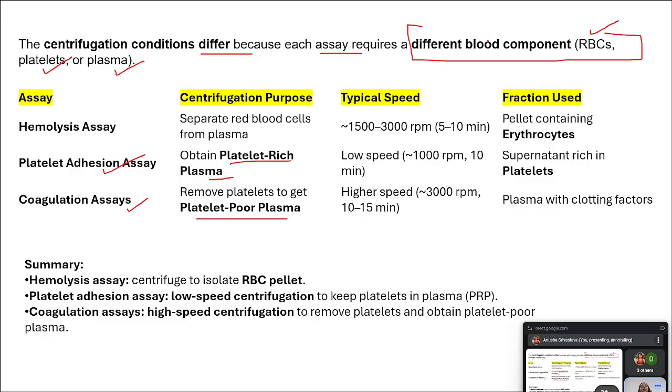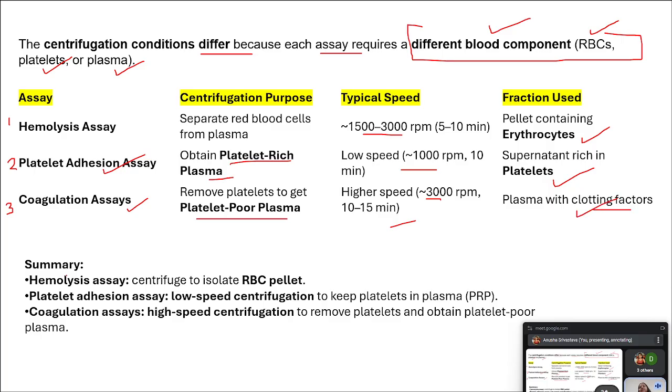So the component of blood that is required in all these three different kinds of assays is different. That is why the centrifugation speed also differs in all these three assays. So the fraction used is erythrocytes, platelets, and then plasma with clotting factors.